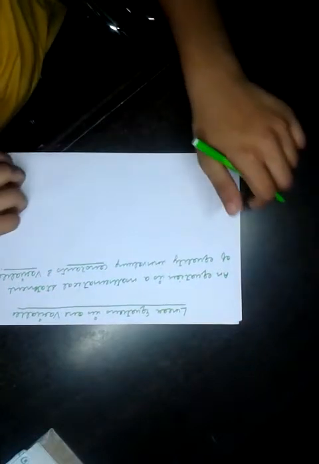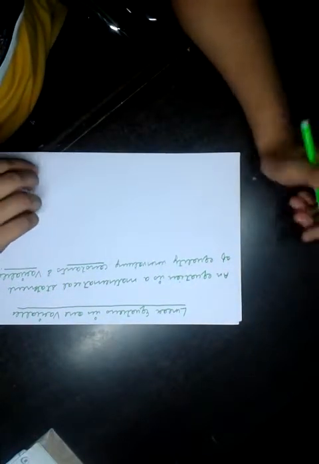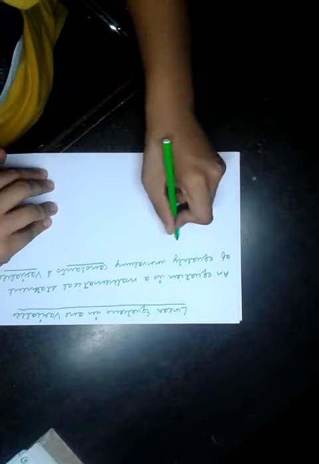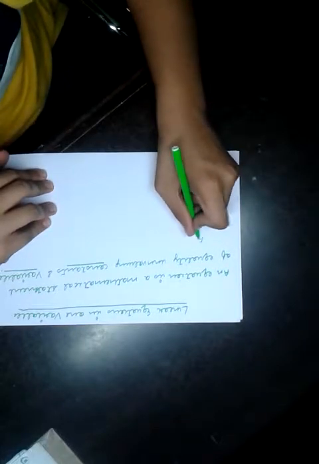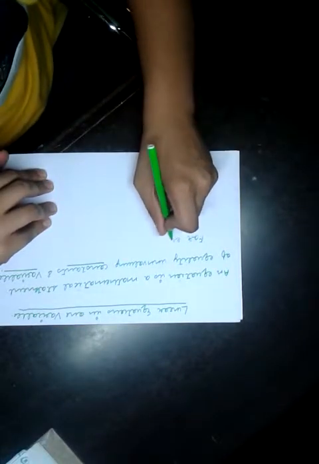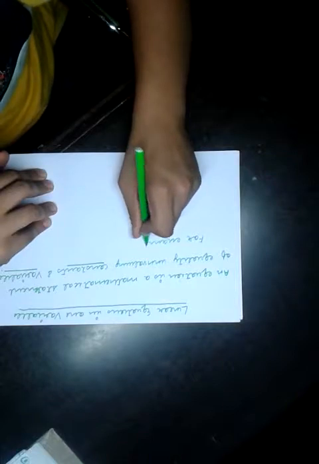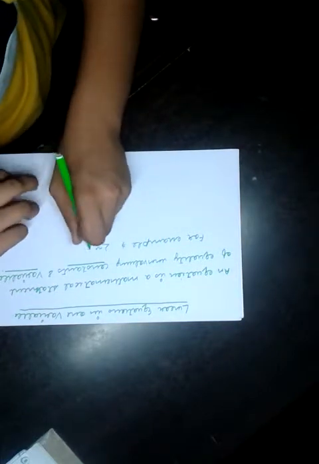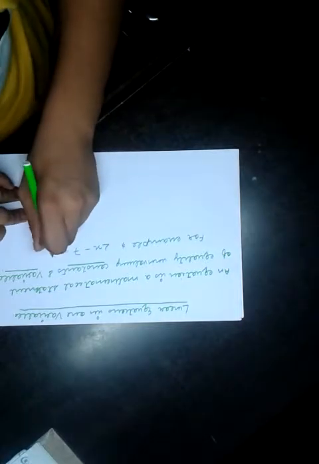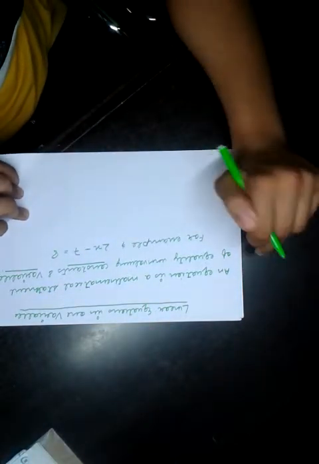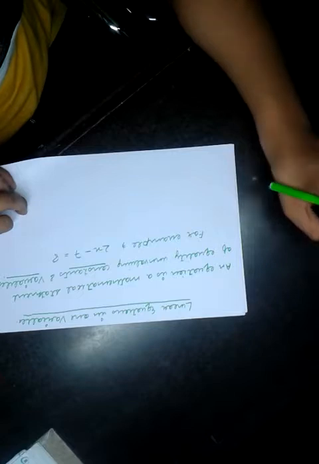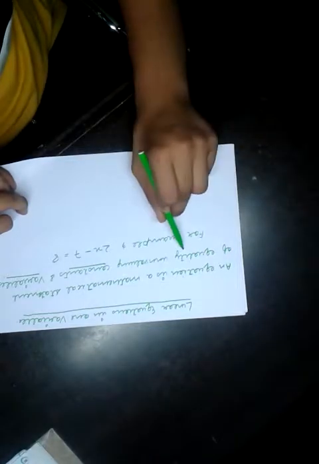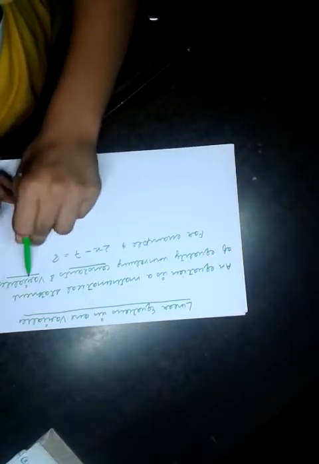So before starting with the questions, I would like to guide you with constants and variables. For example, this is a linear equation. As I've already stated, a linear equation is a mathematical statement of equality involving constants and variables.